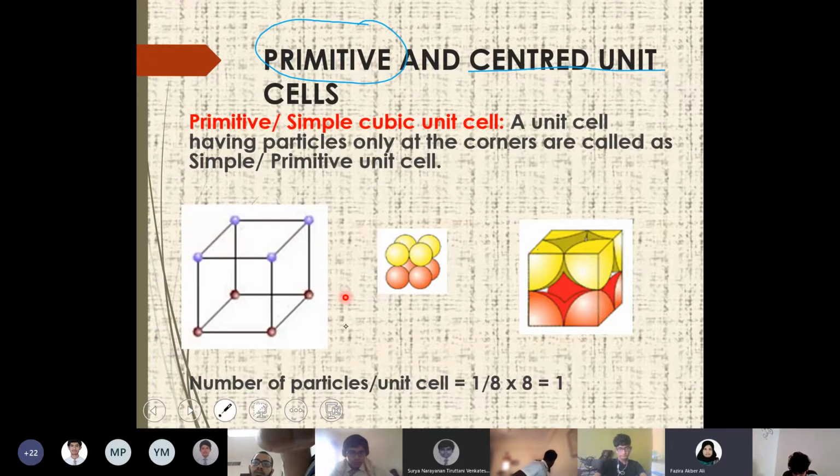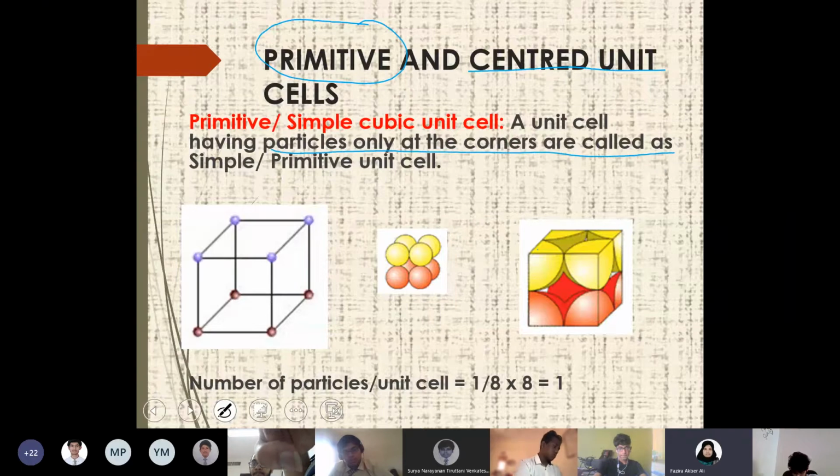Okay, now getting back to our topic, a primitive or simple cubic unit cell means for a cube there are 8 corners. If the particles are arranged on these 8 corners, that type of arrangement is called a primitive or simple cubic unit cell. That is a unit cell having particles only at the corners.